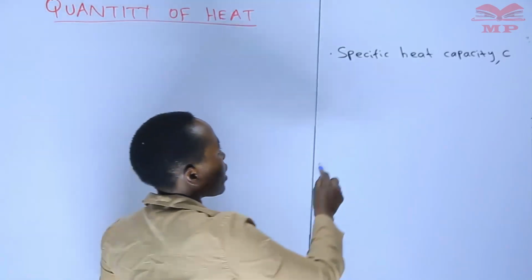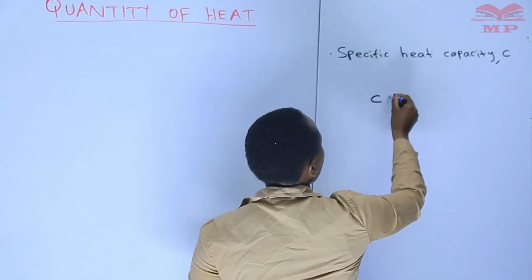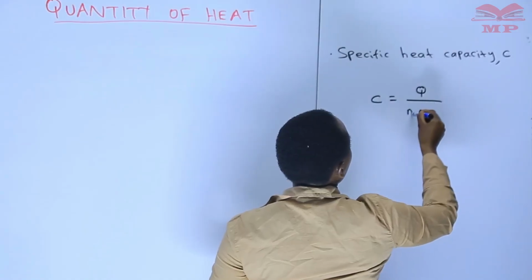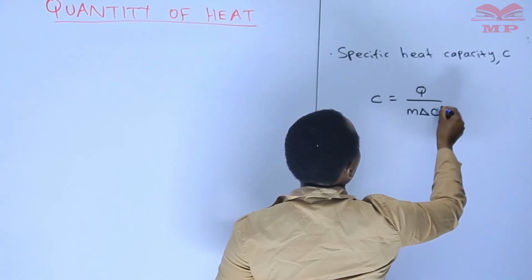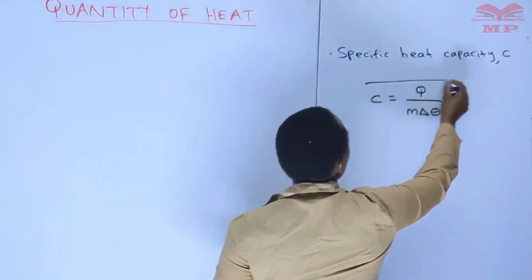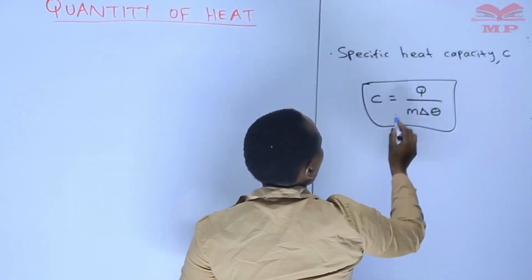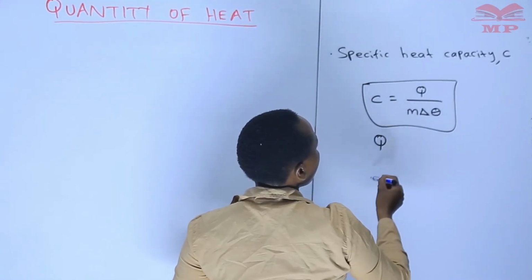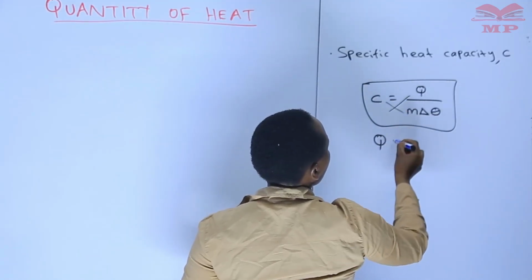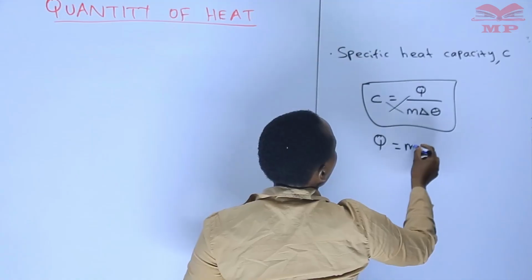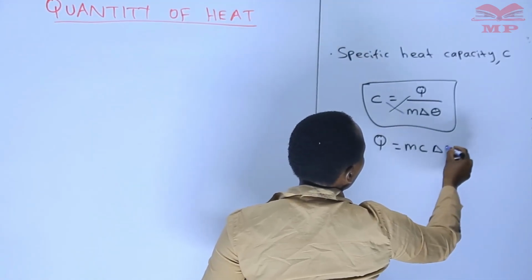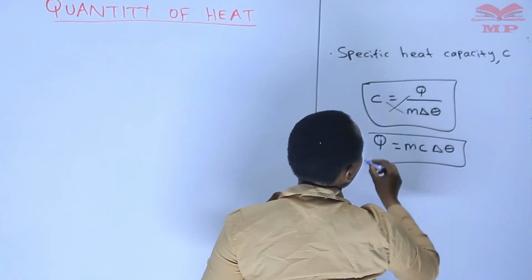And therefore, we say that specific heat capacity is given by the quantity of heat divided by the mass of the substance multiplied by the change in temperature. So make note of this, and from this, we can say that when we cross multiply, quantity of heat will be equal to mass multiplied by the specific heat capacity multiplied by the change in temperature.